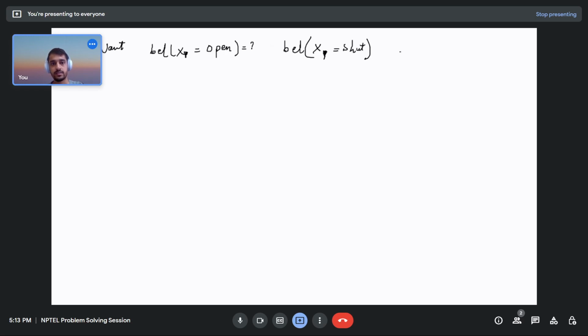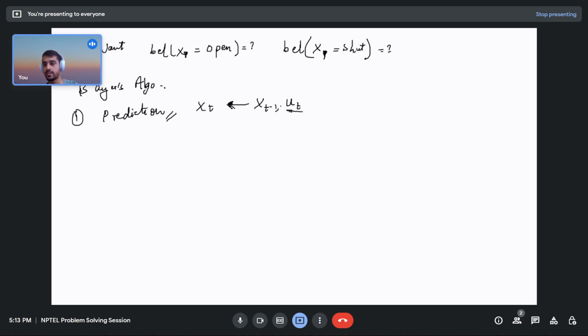So what are these? As we know, in the Bayes algorithm, what is the first step? It is the prediction step, where you predict the next state given your previous state and the interaction of the robot with the environment.